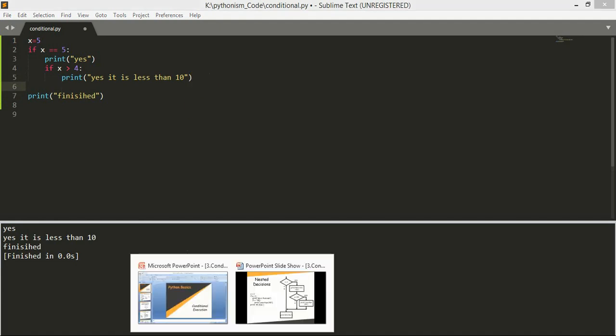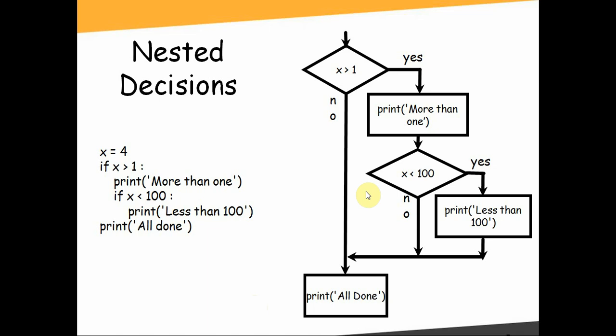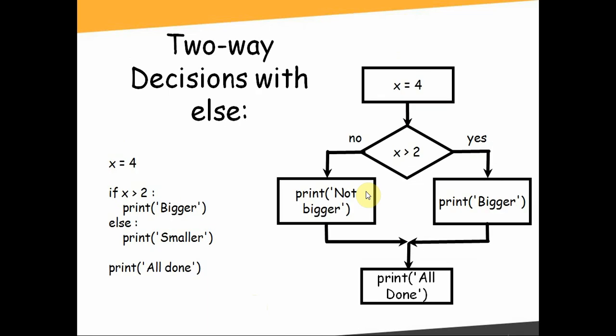So next is two-way decision. In this two-way decision, you have two statements to be executed based on a condition. You have one value, you're going to test some condition whether it is true.